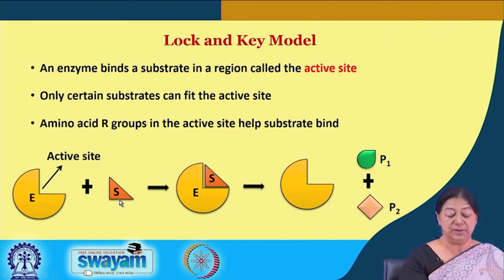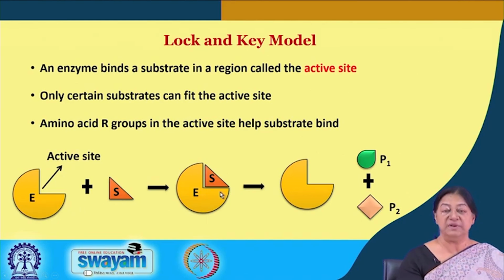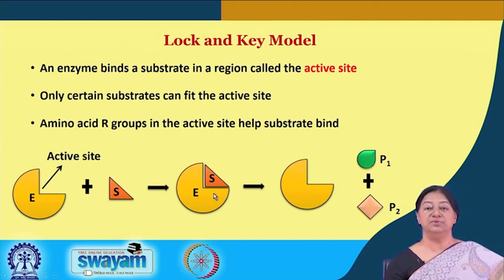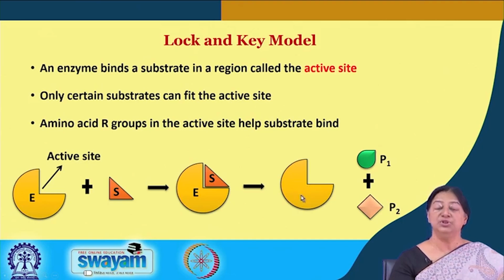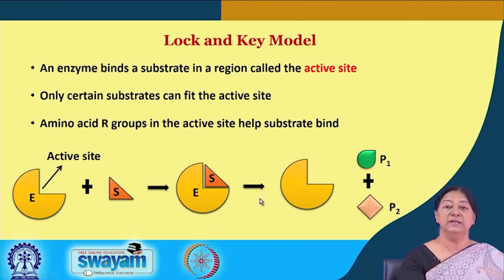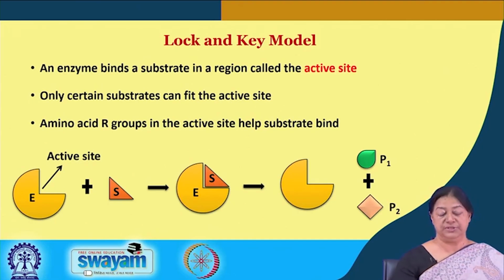The substrate is shaped like this, it fits into the active site of the enzyme perfectly, and the amino acid groups that are present here will fit the substrate in a manner that allows for chemical complementarity as well. And then once we have the product formation, we have the enzyme back to its original form, which can bind the next molecule of the substrate.